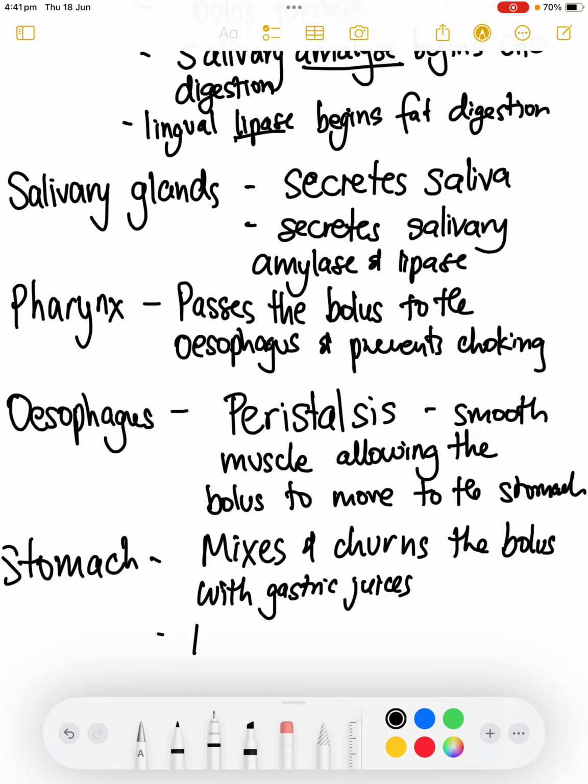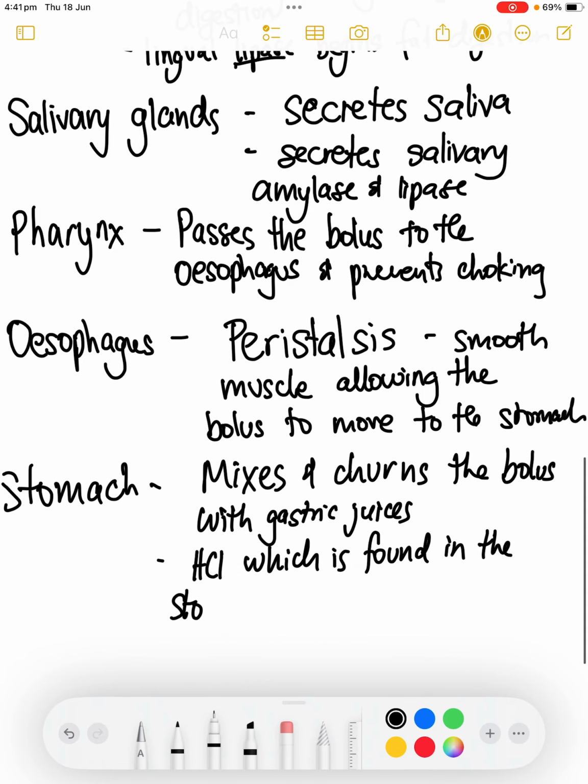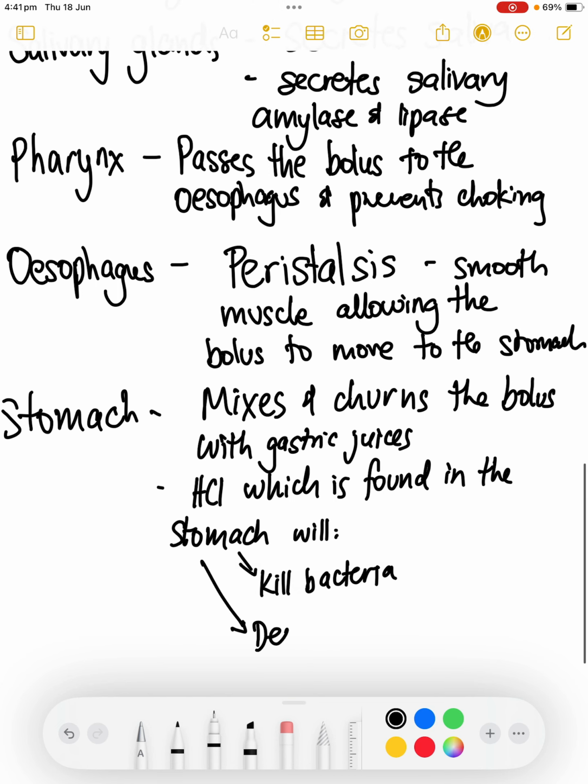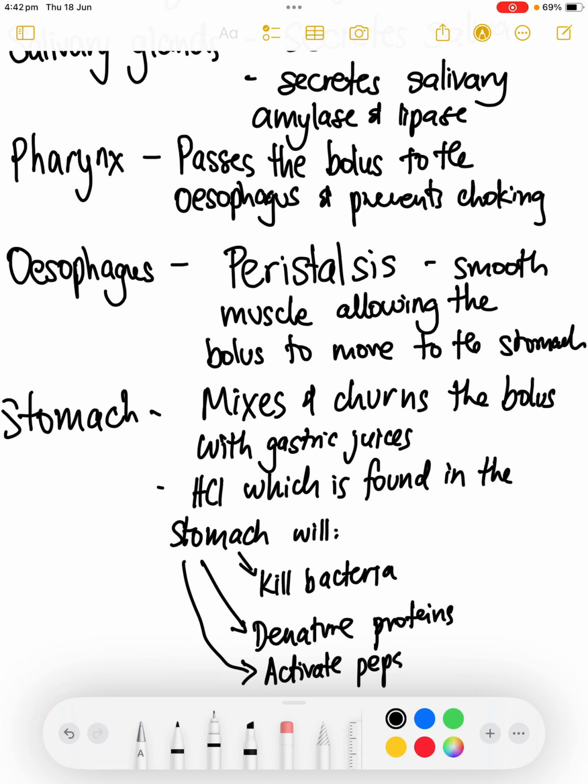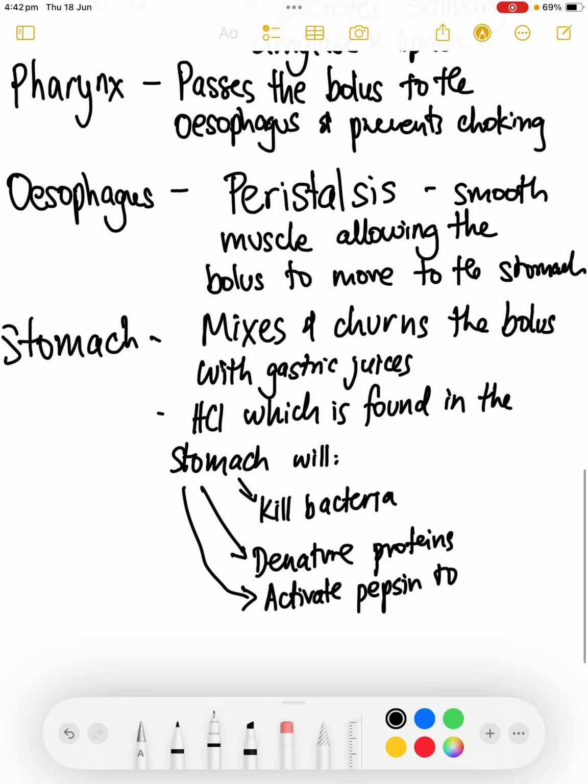And the next thing we'll say is HCl, which is found in the stomach, will kill bacteria, denature proteins, and you can even say activate pepsin to kick start protein metabolism.